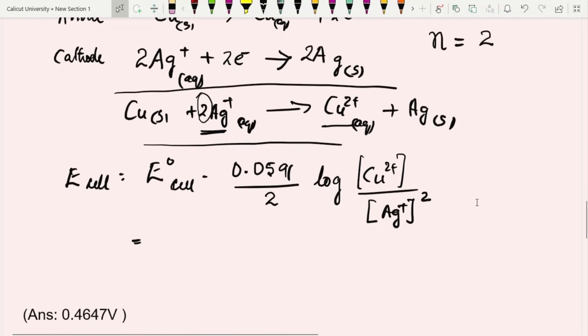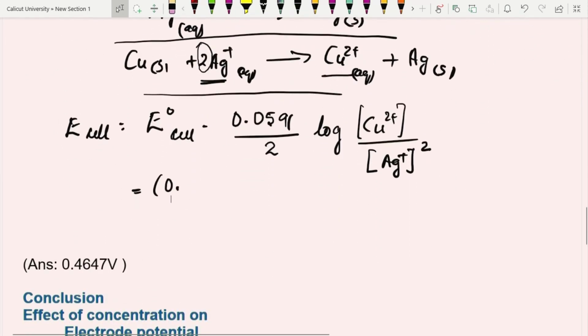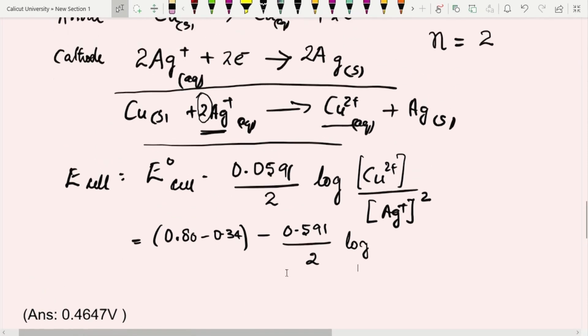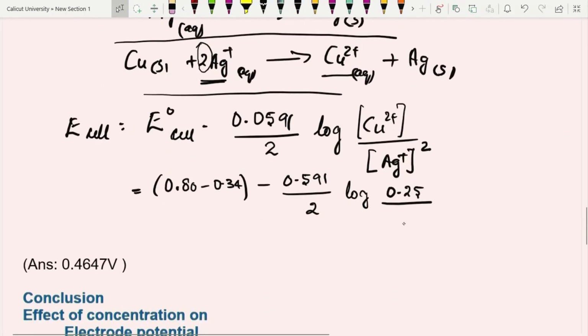So, I will substitute that here: 0.80 minus 0.34, minus 0.0591 divided by 2 times log of the concentration of copper 2 plus, which is given as 0.25, divided by that of silver, which is 0.6, therefore 0.6 whole squared.